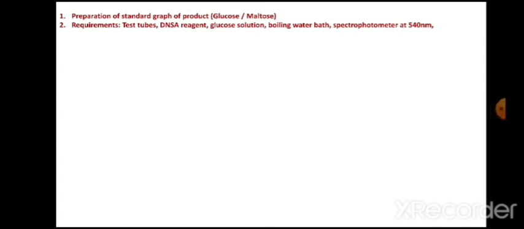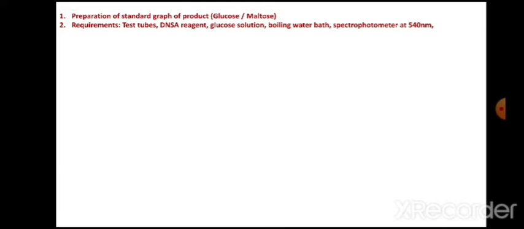Now, the protocol for amylase assay. For this, these are the following requirements. The first step in amylase assay is preparation of a standard graph of the product. In the enzyme catalyzed reaction of amylase, starch is the substrate, which is converted to glucose and maltose.